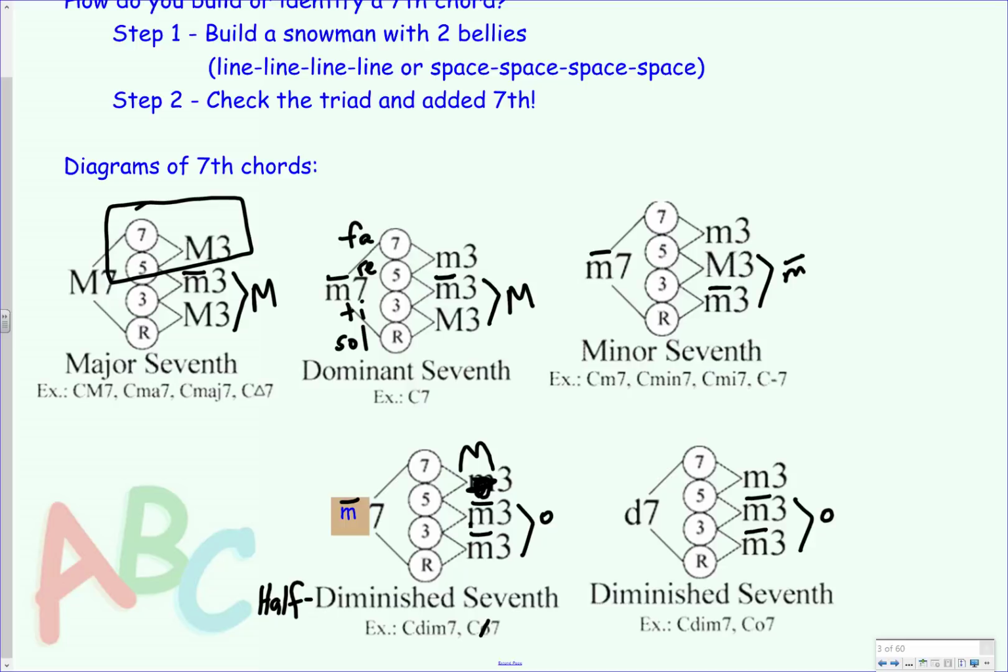In the dominant 7th chord, from the 5th to the 7th, we have a minor 3rd. That's important to know. In our minor 7th chord, we have a minor 3rd from the 5th to the 7th.